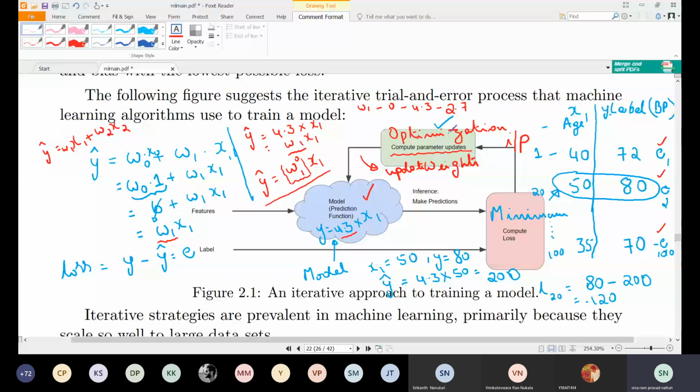In the optimization block, we do a computation that tries to minimize the loss.